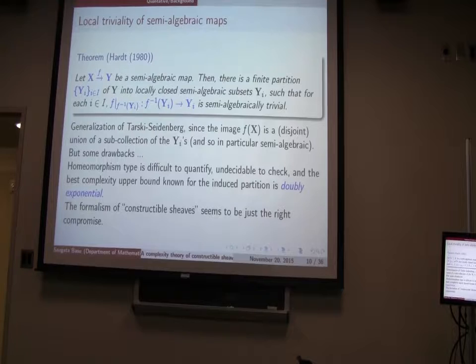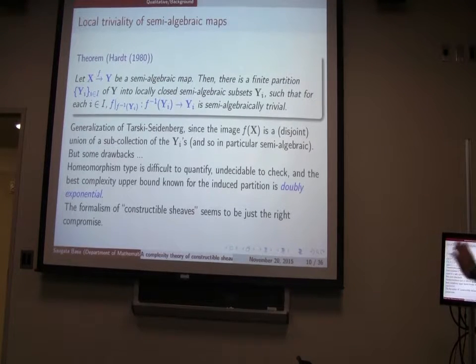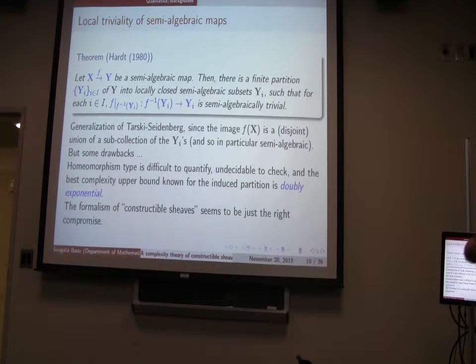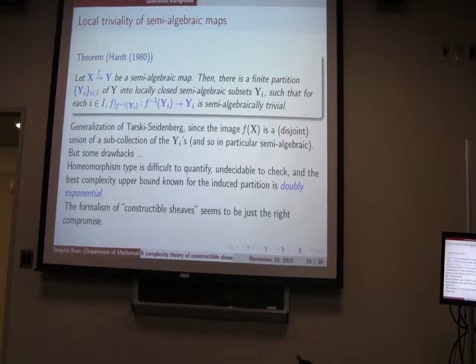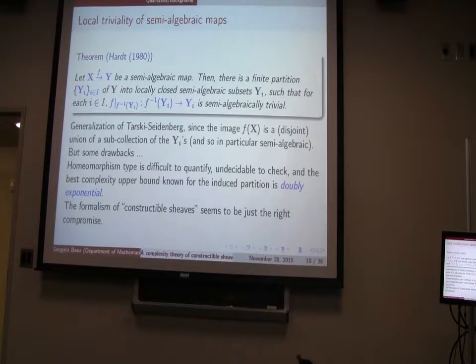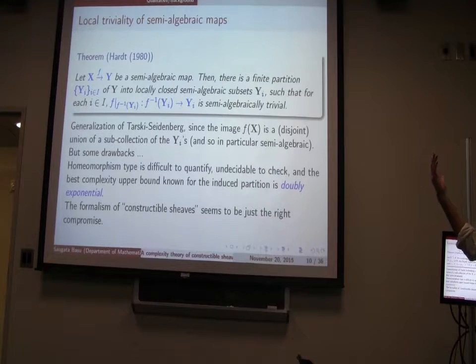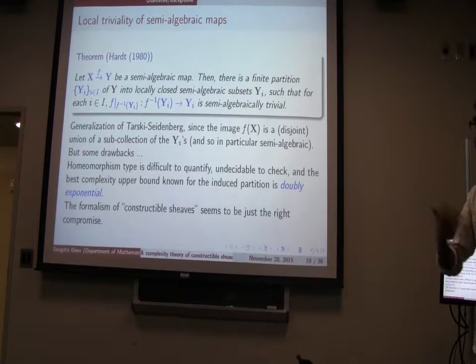So the formalism of constructible sheaves seems to be a compromise, as we'll see in a moment, because sheaf-theoretically we only remember amongst these fibers some kind of a homological equivalence.